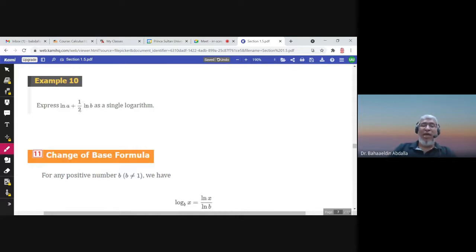Okay, but I have this half. This half is a problem. So what should I do first? I should take it up using law 3. So I can write it ln b to the power half. Now I have plus, so I can change it to a single logarithm and multiply a times b to the power half, or b to the power half, I can write it as square root of b. So that would be the answer.